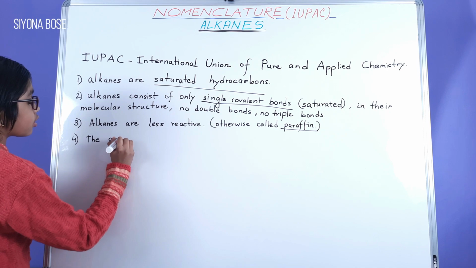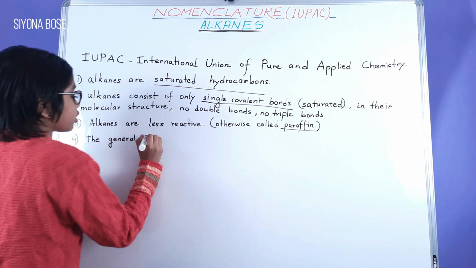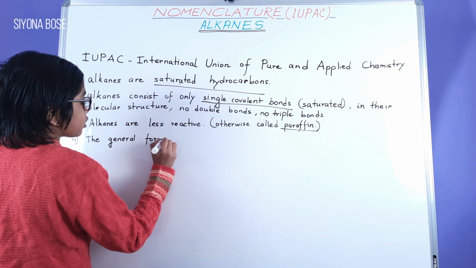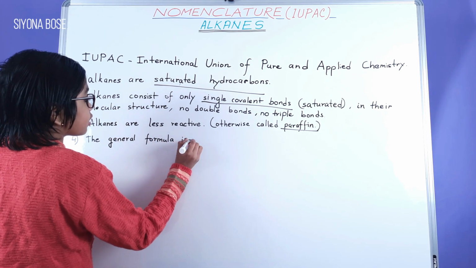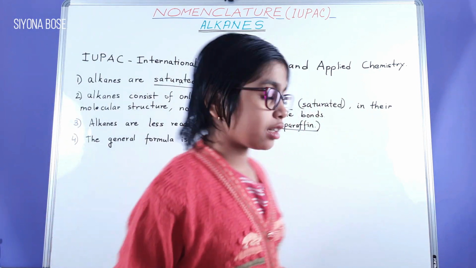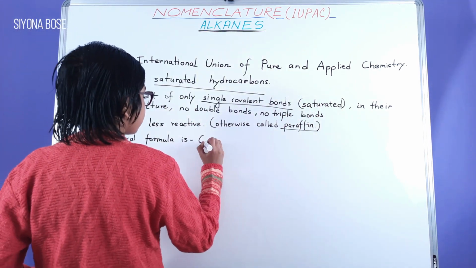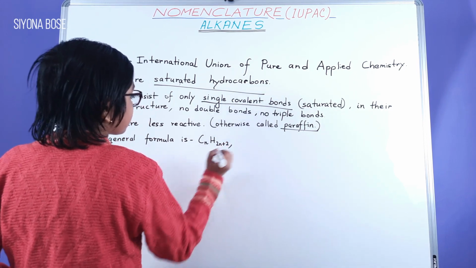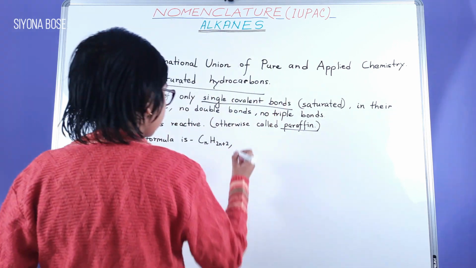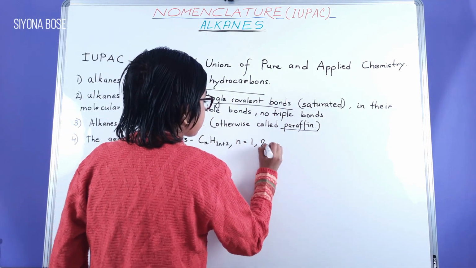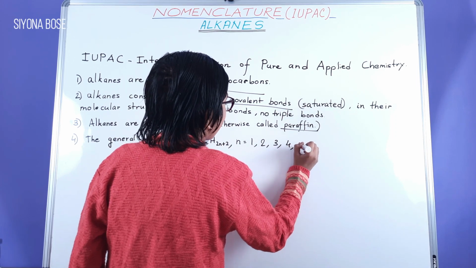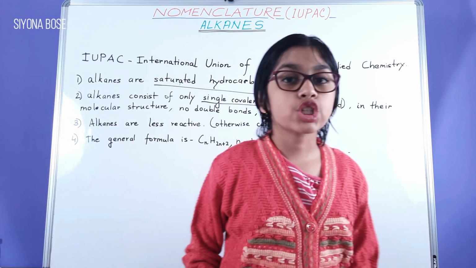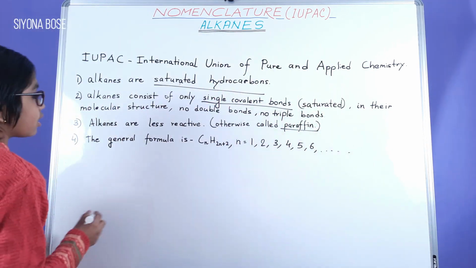The general formula is CnH2n+2, where n can be equal to 1, 2, 3, 4, 5, 6, and so on. Alkanes are homologous.